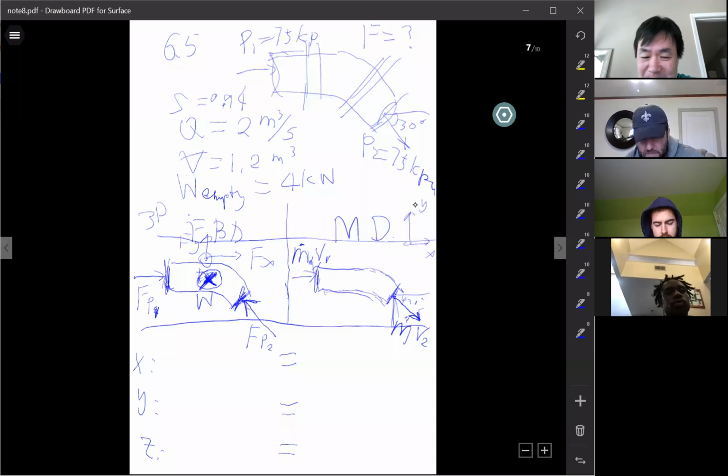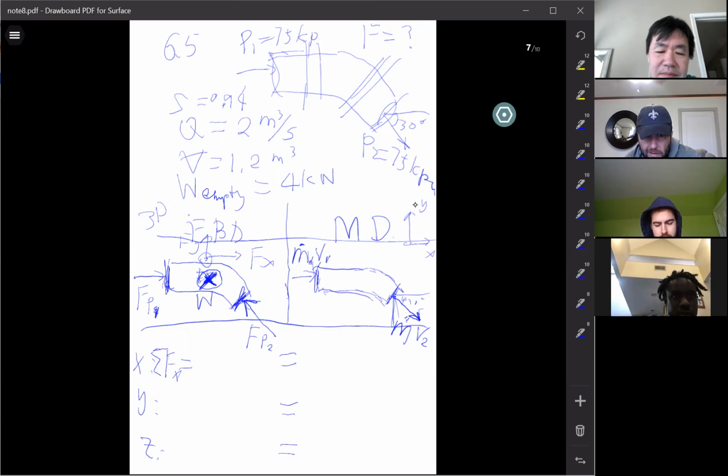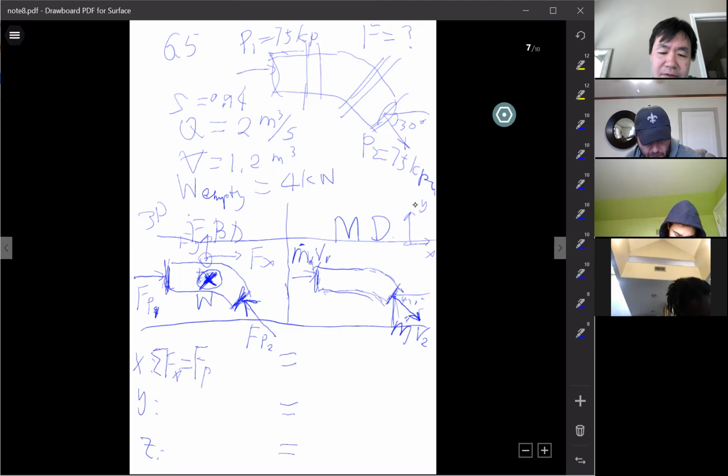Now let's look at the x direction. What is the force balance? Summation of force in x direction. FP1, right? Would it be minus FP2 cosine theta, minus F?